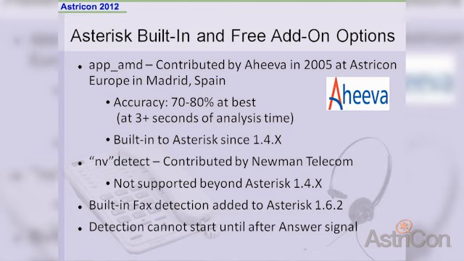Also around that time, Newman Telecom, which seems to have fallen off the face of the earth and now displays a generic Chinese web page, released several detection modules: line detect, background detect, machine detect, all sorts of detection modules that basically would allow you to do some level of answering machine detection, CPA, if you could loop the call back through the system so you could hear dialing, which is pretty complex.